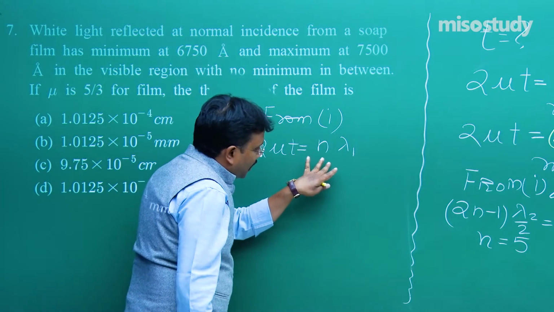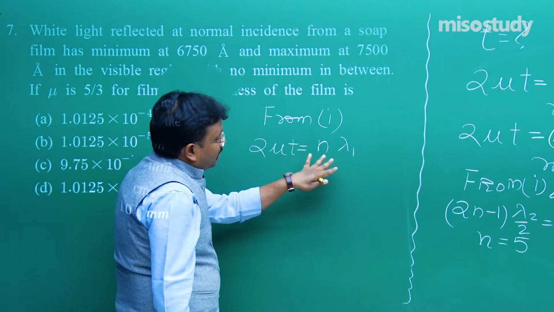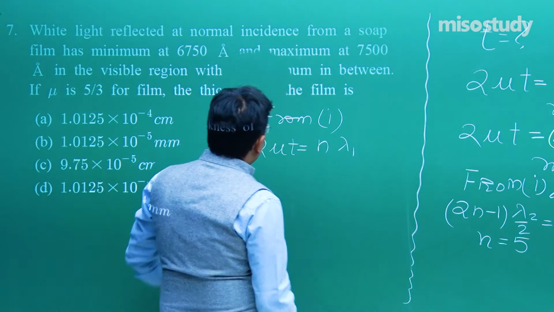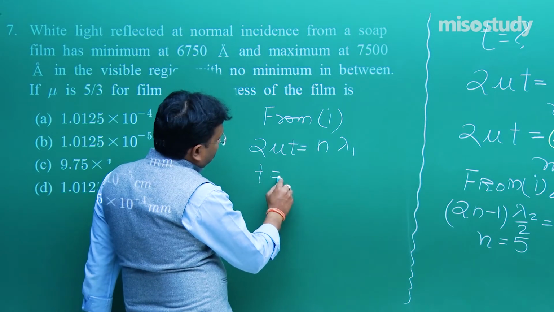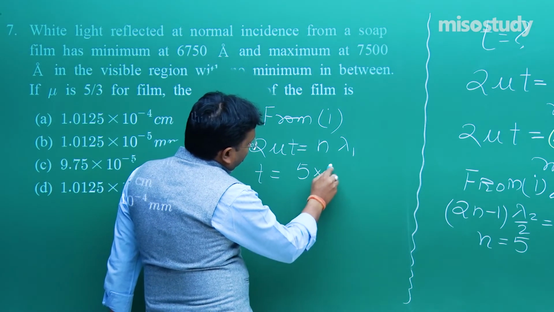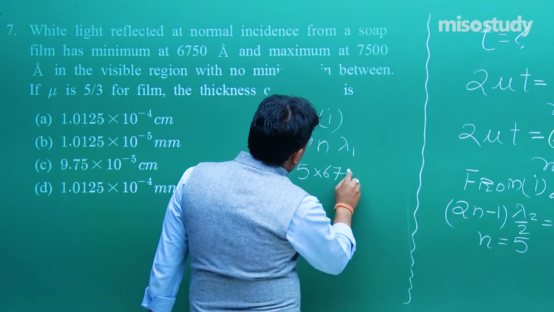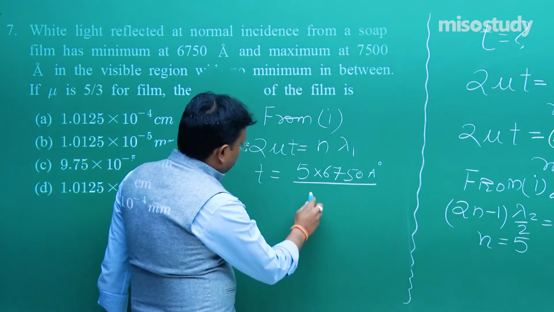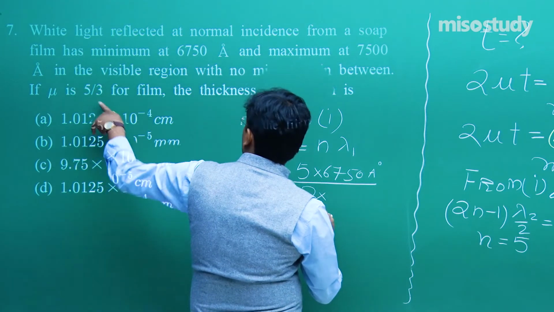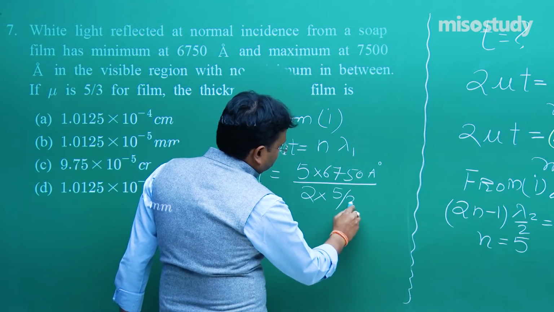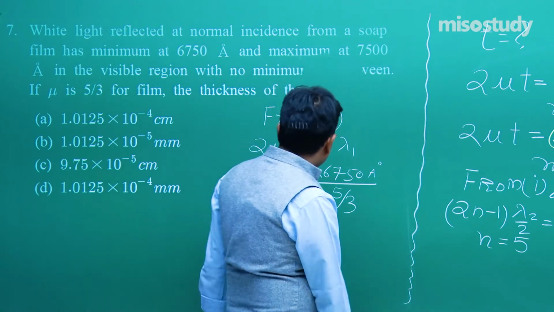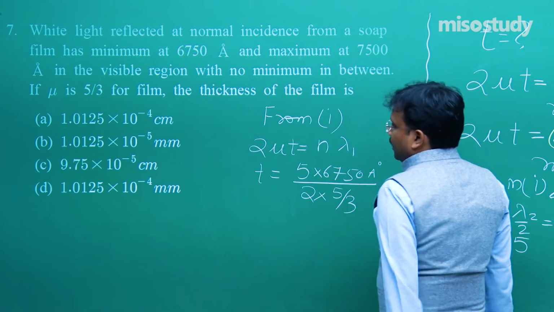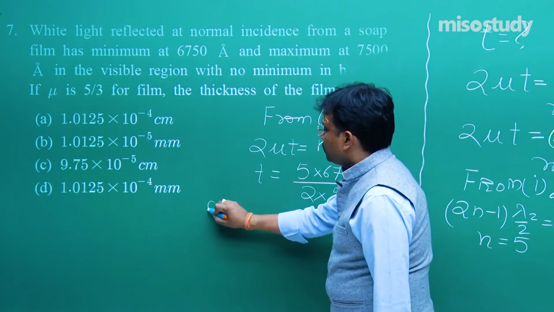The value of n is 5, lambda 1 is 6750. So t is equal to 5 into 6750 angstrom upon twice into 5 by 3. Now once you solve it, you will get A as the correct option.